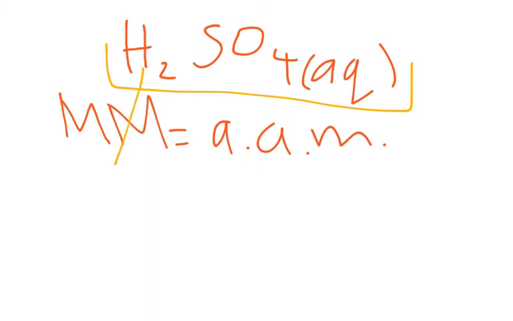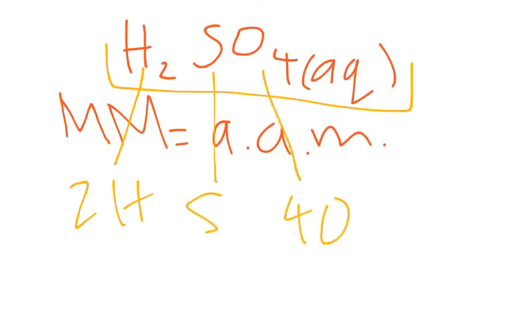H2SO4 is made up of 2 hydrogens, 1 sulfur, and 4 oxygens. If we find the atomic mass of each of these elements, then we will be able to add them up to get the atomic mass of the entire thing, which is equal to the molar mass.